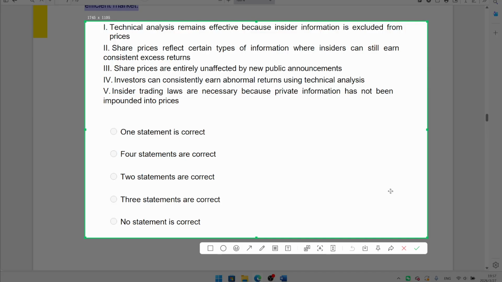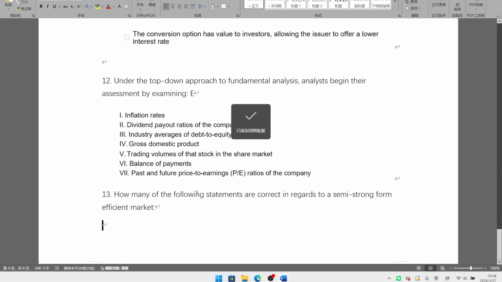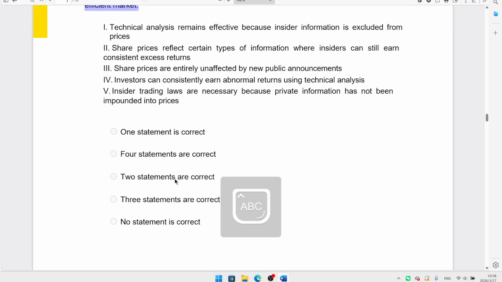Yes. Share price entirely unaffected by news? No. Investors can constantly earn abnormal returns? No. Insider trading laws are necessary because private information has not been impounded into price. Yes, just 3. So it's D. Impounded.